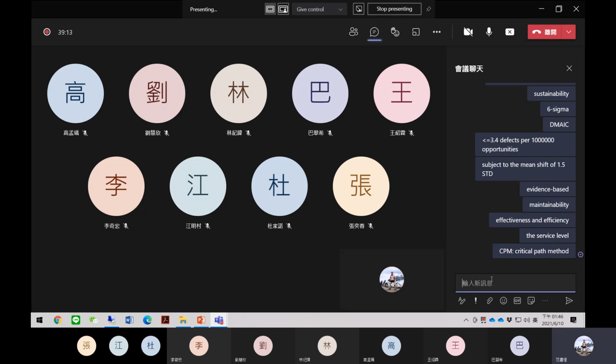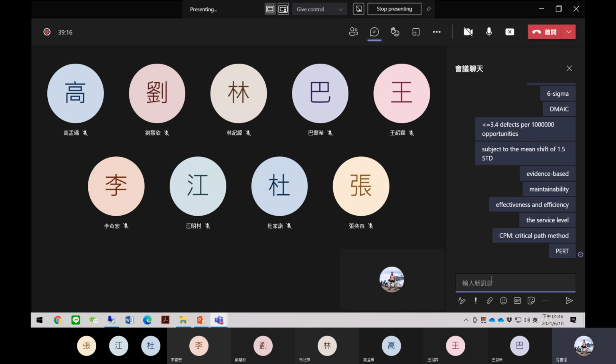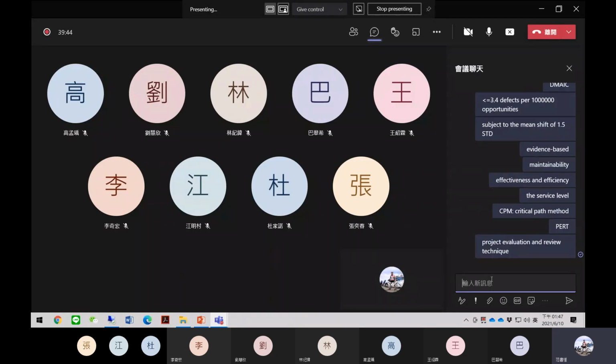Then how about PERT? Would somebody like to say something about PERT? In the course, have you heard this before? I don't think so. Okay, this is Project Evaluation and Review Technique, PERT, which is a stochastic methodology.